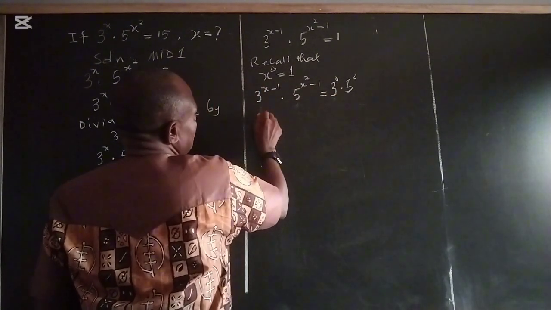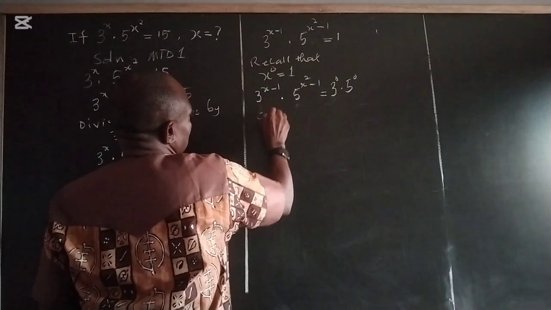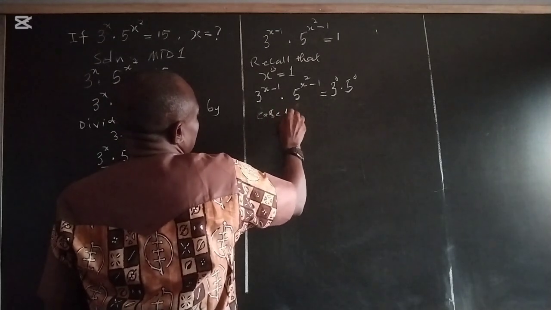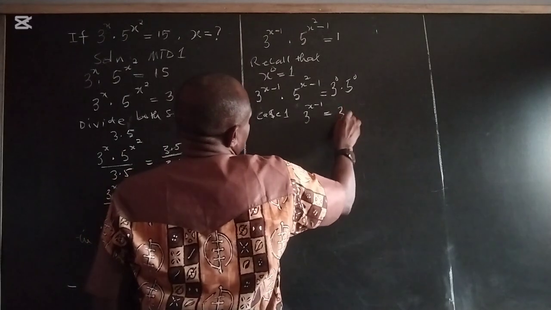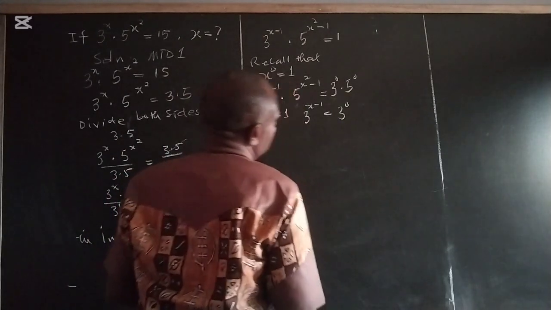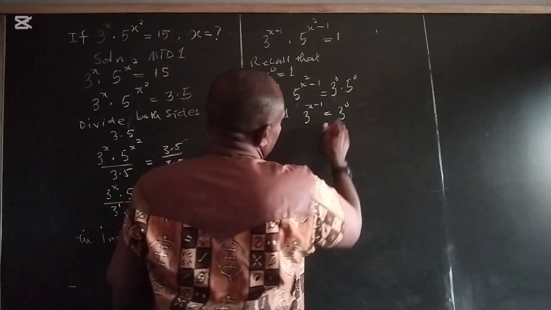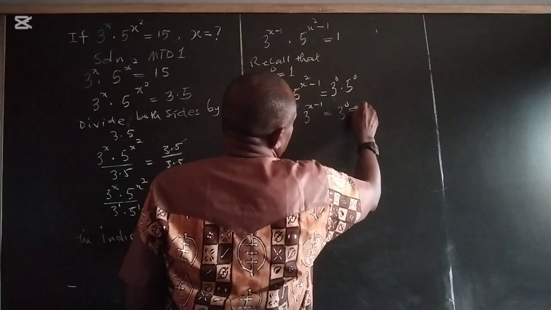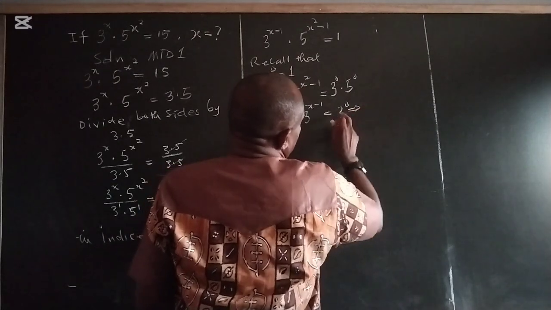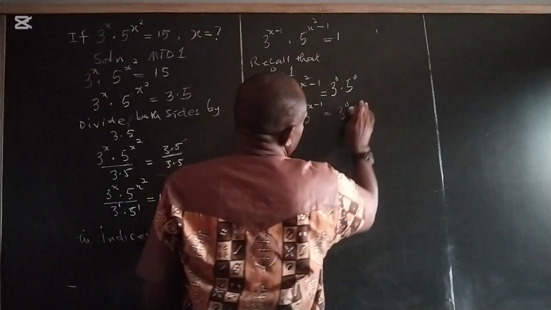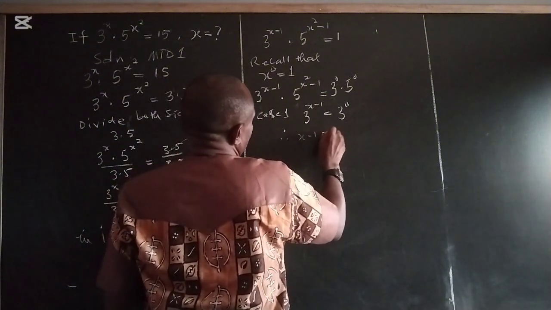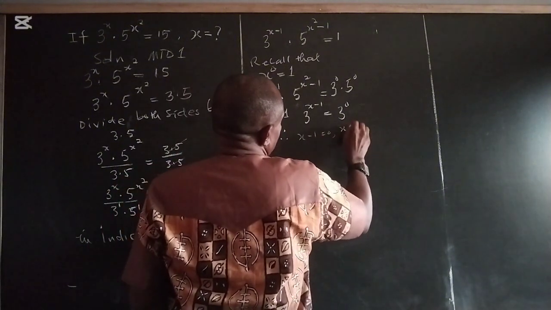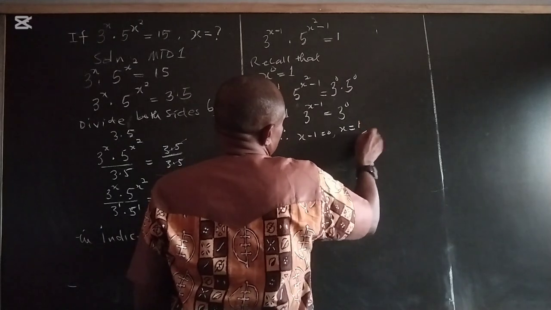The first case is when I have 3 raised to power x minus 1 equated to 3 raised to power 0. Since the bases are the same, therefore my x minus 1 is equal to 0, or I could simply say x is equal to 1.